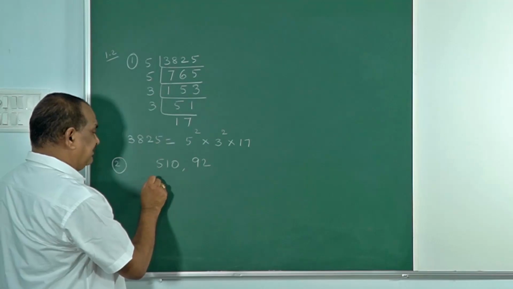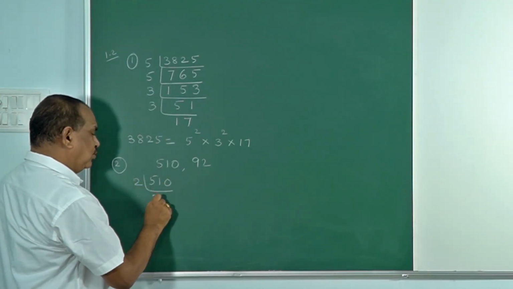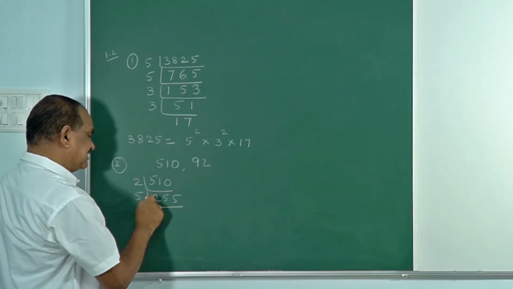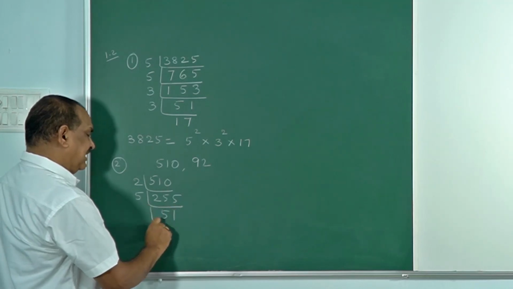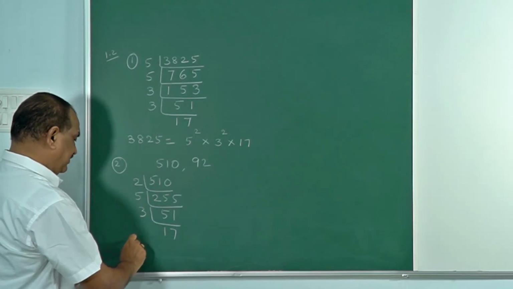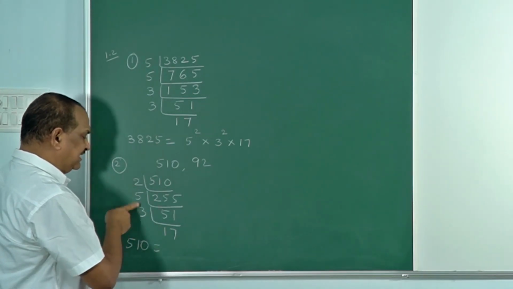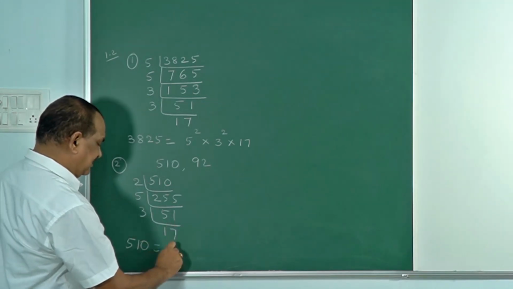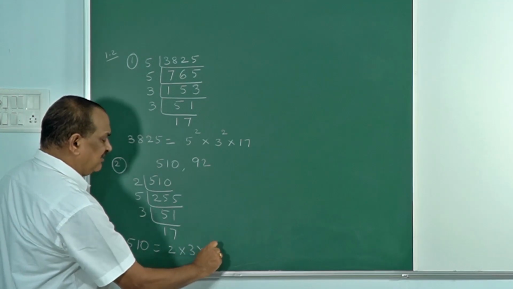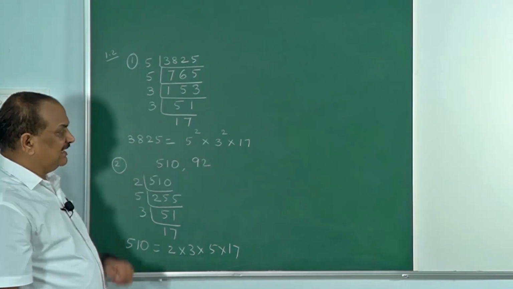Now I take this 510, and 2 goes in this one 255 times. Now 5 goes in this one 51 times, and 3 17 times. It's done. So 510 is 2, 3, 5 and 17. Order not necessary. There is one 2, one 3, one 5 and one 17. Leave it, it's closed.